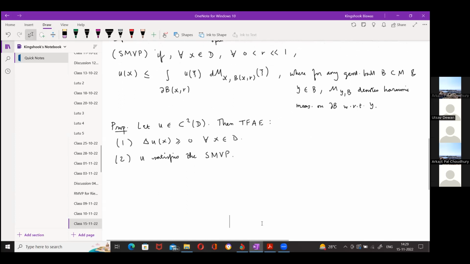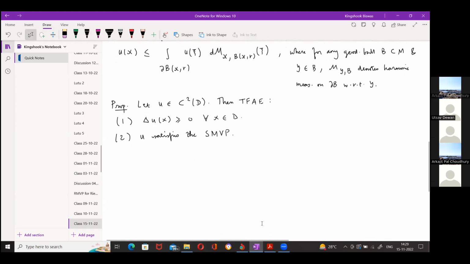Right. So the proof of 1 implies 2 we've already done, right? If you remember, how did we prove 1 implies 2? Well, we know that 1 implies the weak maximum principle, right?